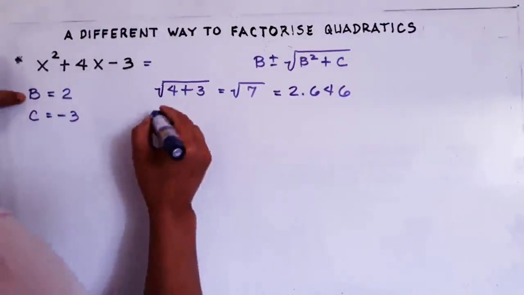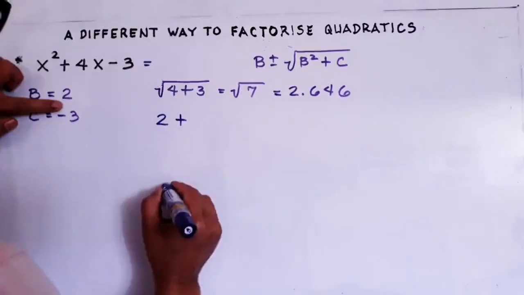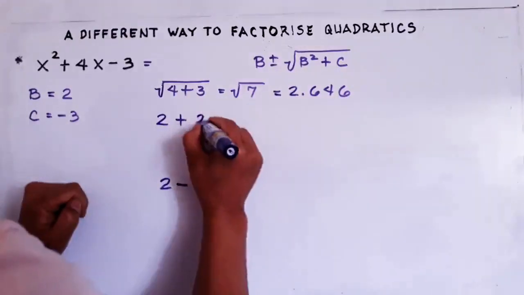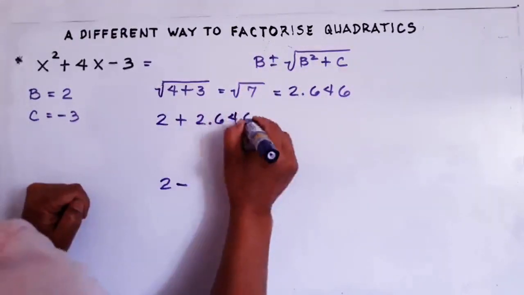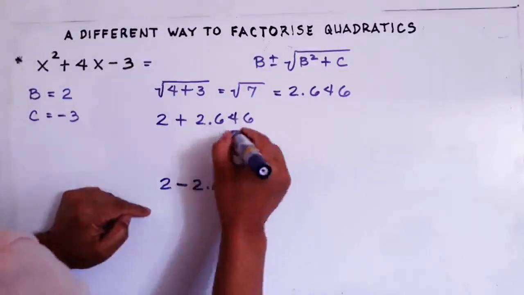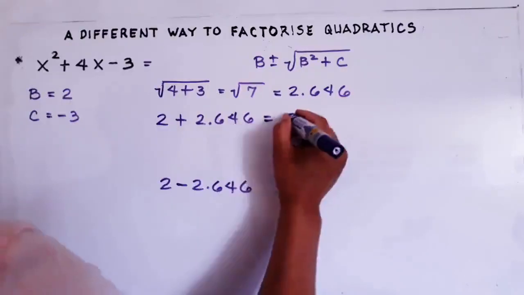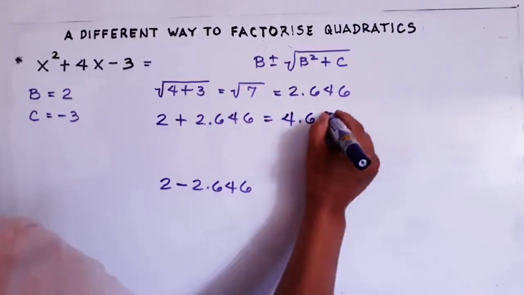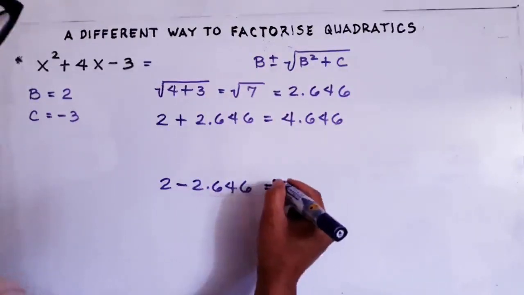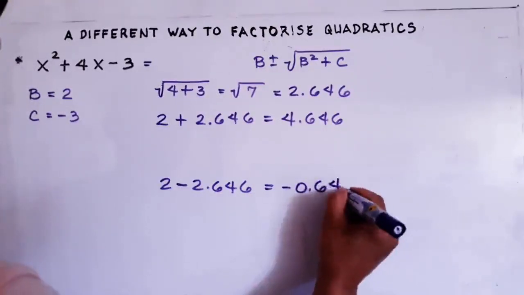So let's have the 2 here: 2 plus, and the other one is 2 minus. This one is 2.646, and this one is 2.646 also. So for this one, our answer is 2 plus 2.646 is 4.646, and this one is 2 minus 2.646, so we have negative 0.646.